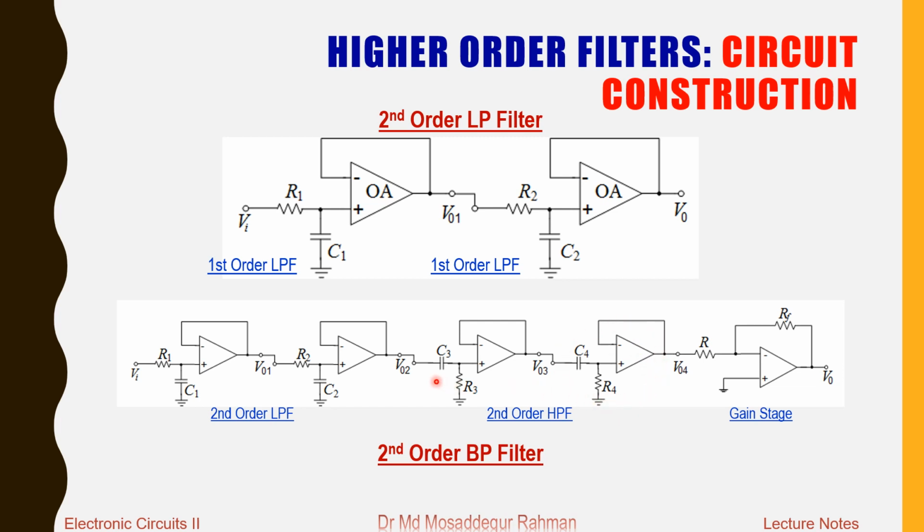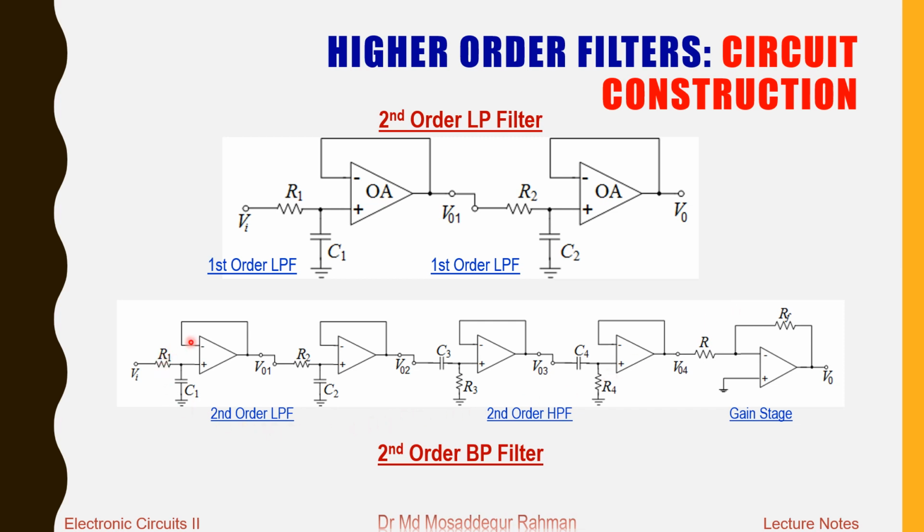So we have two first order high pass filters connected in series, giving us a second order high pass filter. We have a second order low pass filter connected with a second order high pass filter, and that will make it a band pass filter. And then finally we have a gain stage.